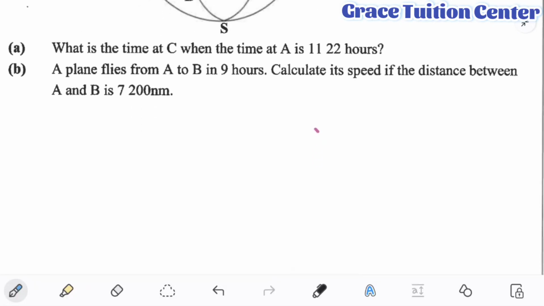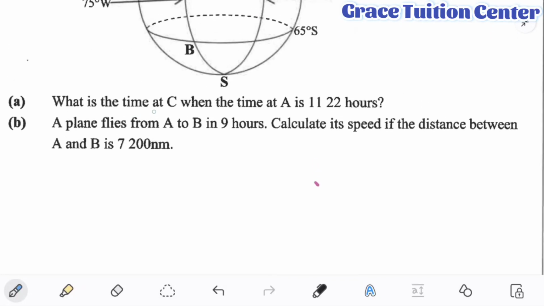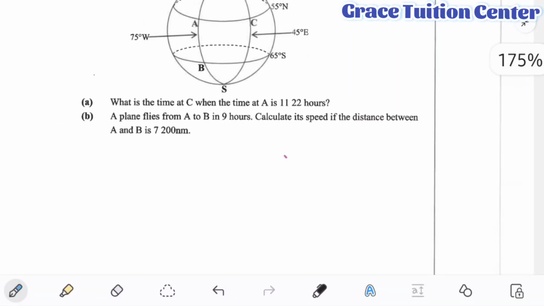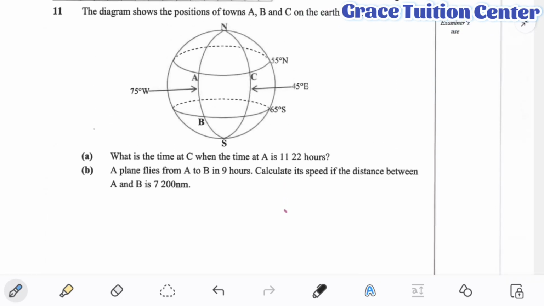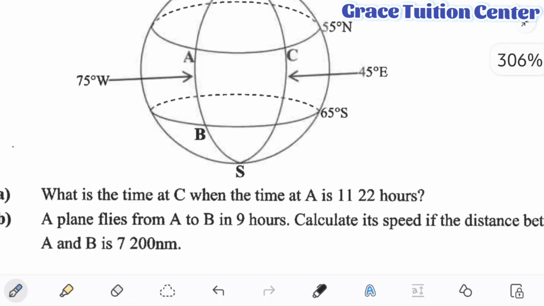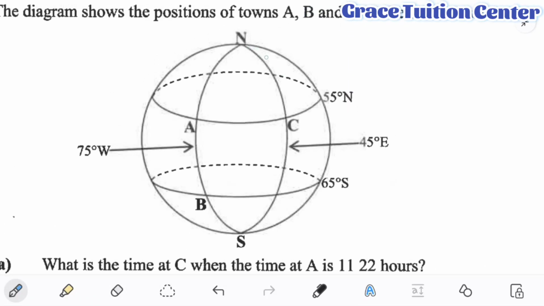Question A. What is the time at C? What is the time at C when the time at A is 11:22? So let's take a look at our diagram. So C is on this latitude, on this longitude here. C is on longitude 45 degrees east.